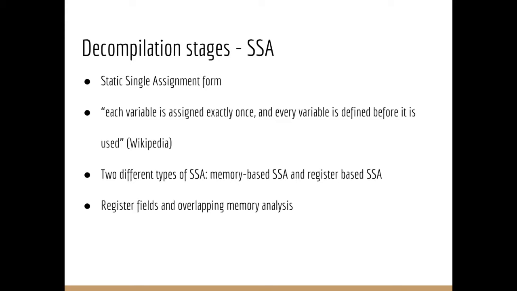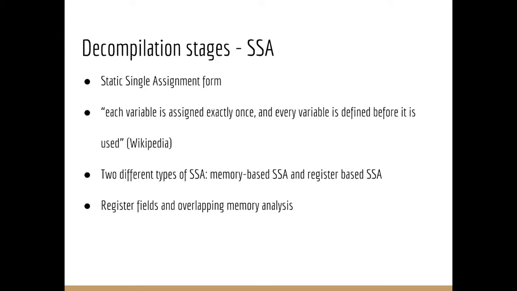Briefly, I will cover the stages of modern decompilers. At first, one of the best-known and biggest stages is forming the SSA tree. It's the static single assignment form, where each variable is assigned only once.